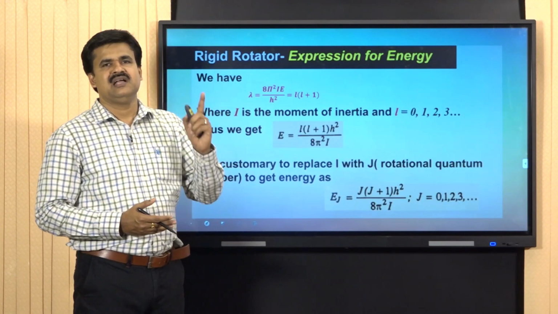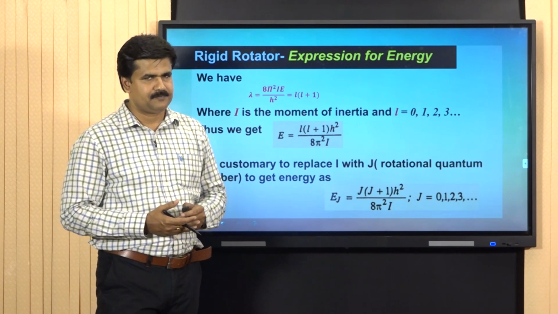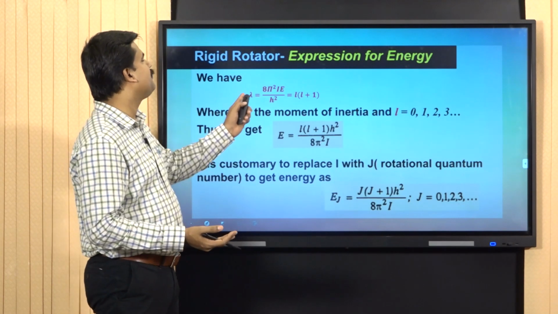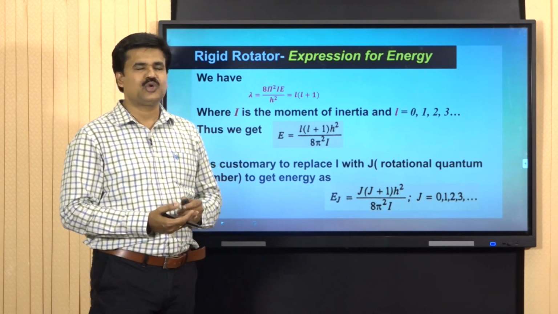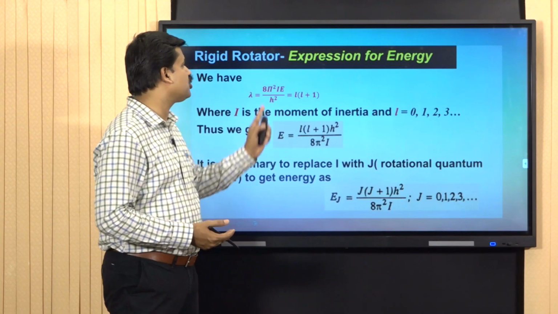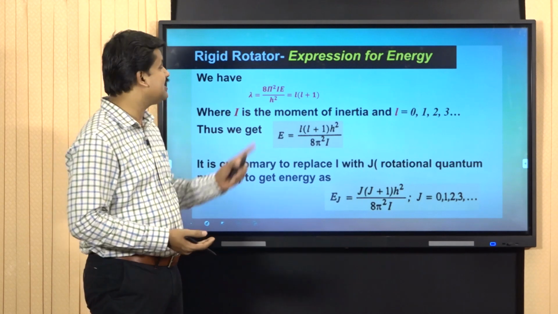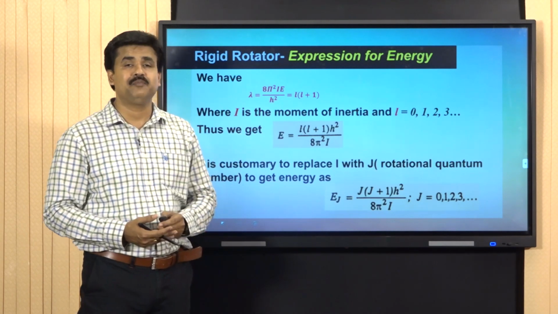Now, the expression for the energy of a rigid rotator. We have defined the parameter lambda equal to 8 pi square I E divided by h cross square, and we took the assumption that lambda is equal to L into L plus 1.